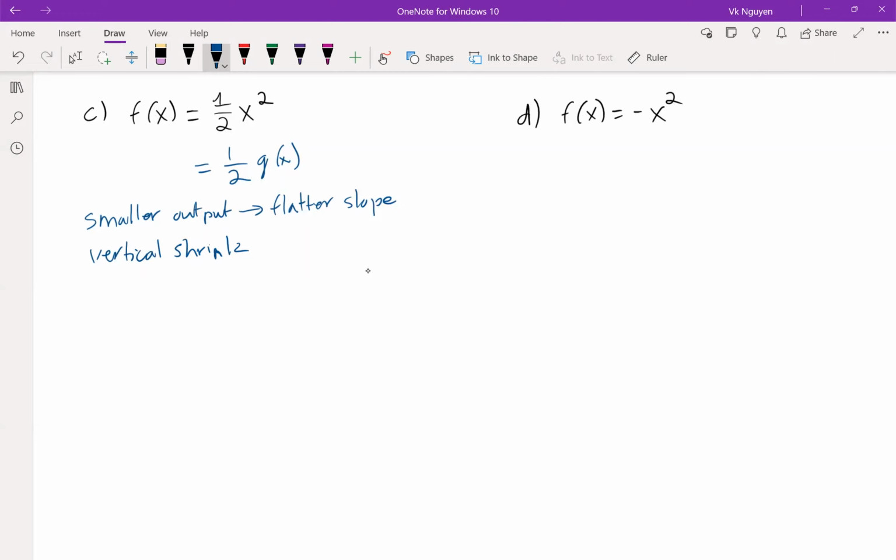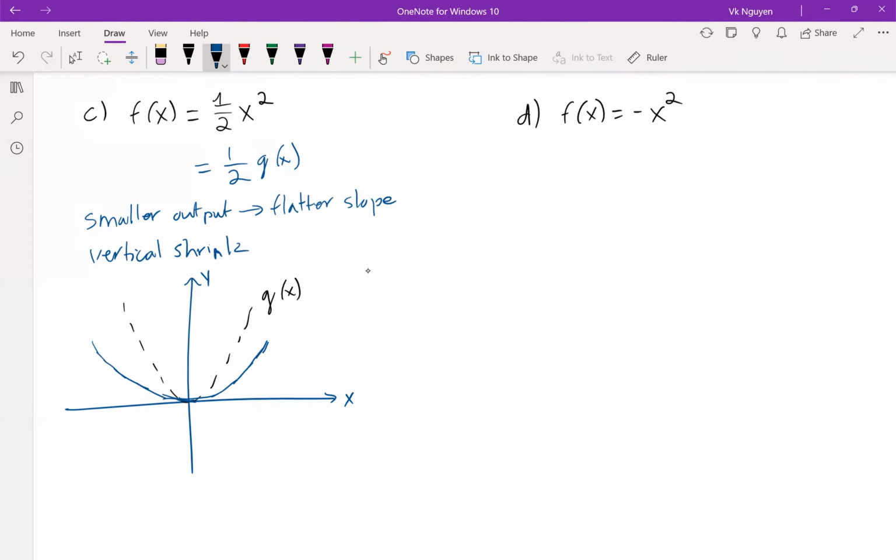Visually, this is what it looks like. This is g(x). f(x), well, has a flatter slope. Now it looks like this.